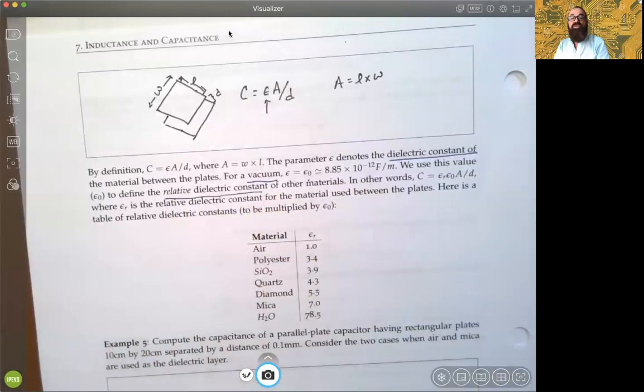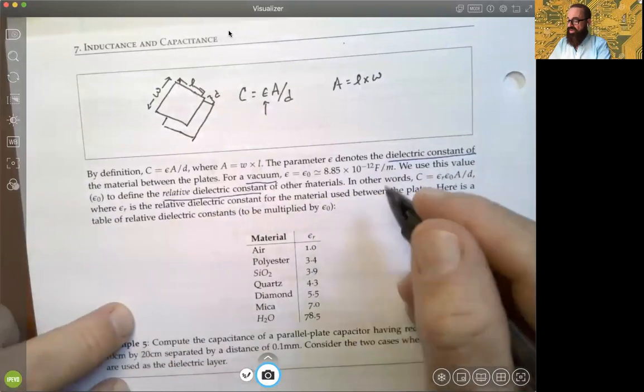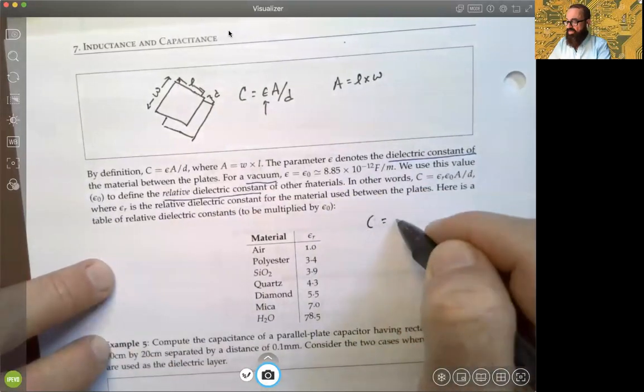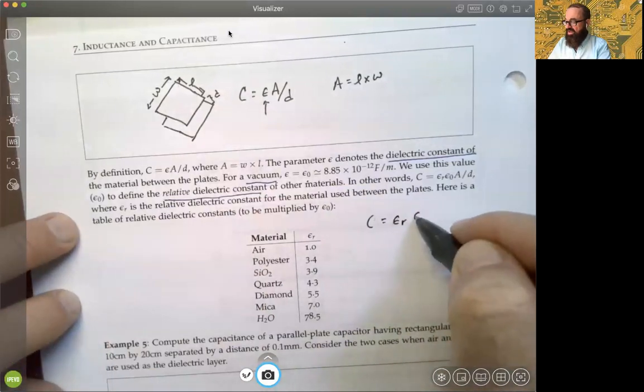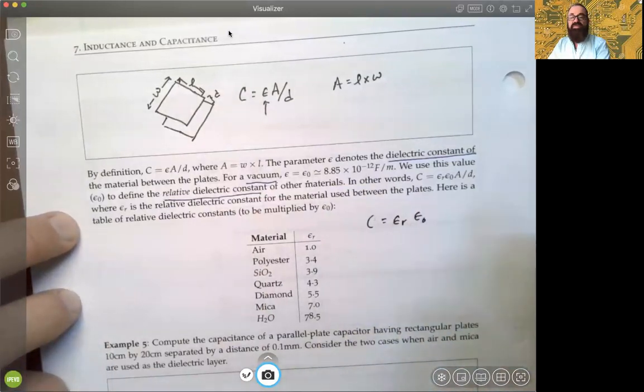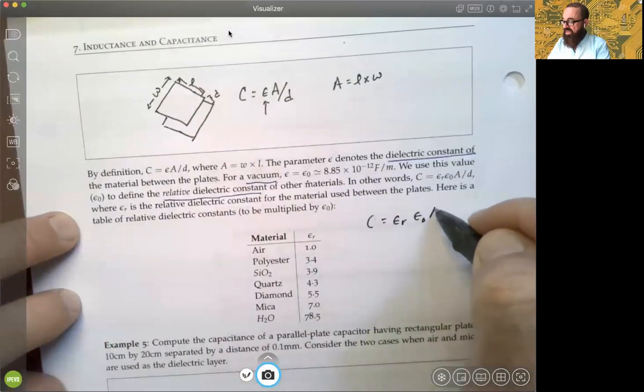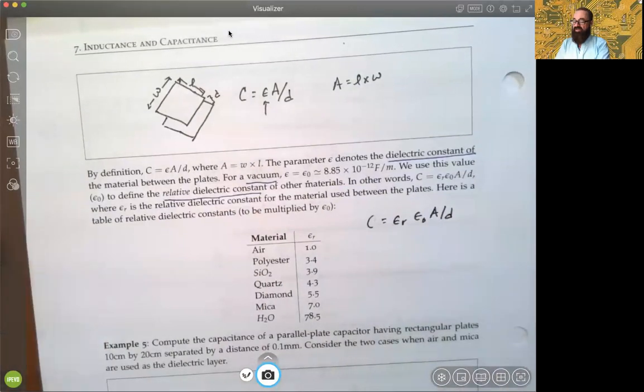And so if we have other material properties, we just take factors of that epsilon 0, that's all, okay? So as indicated here, in other words, for a given capacitance, you probably are going to take a factor, we'll call it epsilon r, of the vacuum case, epsilon 0 times the area divided by d, okay?